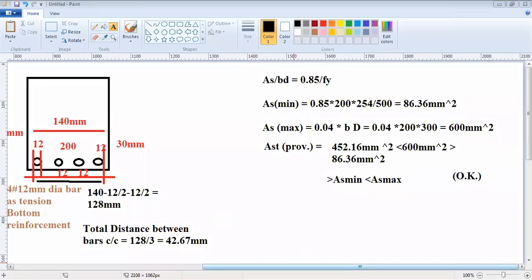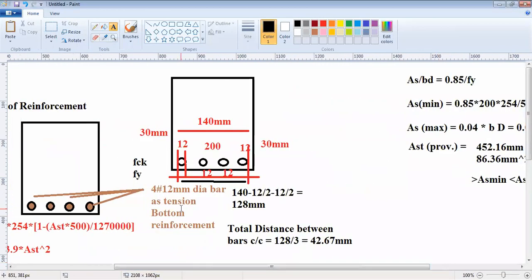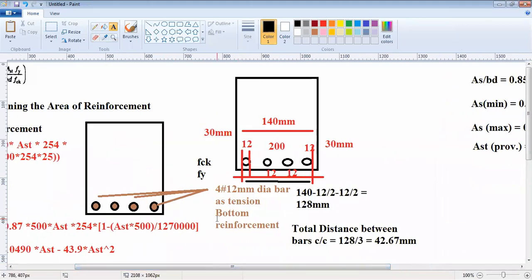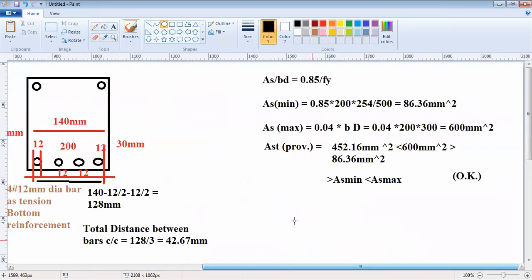Thereby, at this stage, now we can say we have designed the tension reinforcement for this beam. Now, what about the anchor bars? How will you design the anchor bars here for this beam? We'll now be providing two anchor bars because we are not providing any compression reinforcement. We'll be providing two anchor bars. So you can design that.